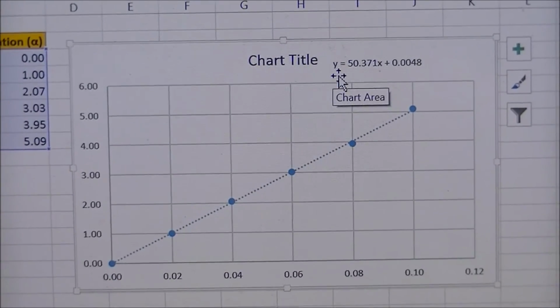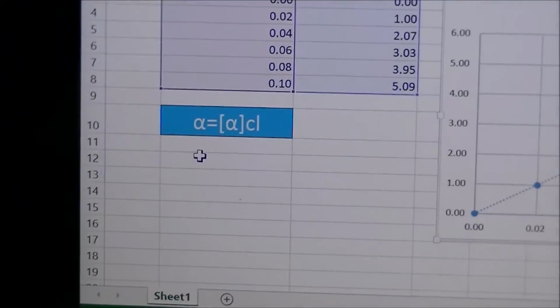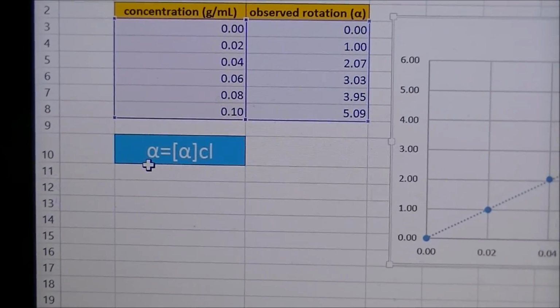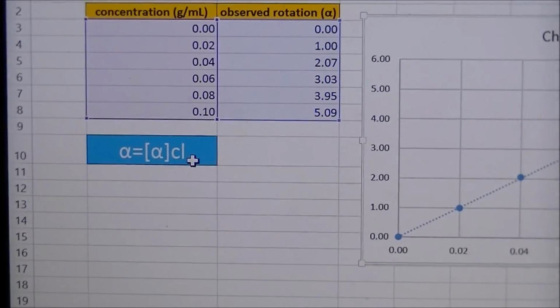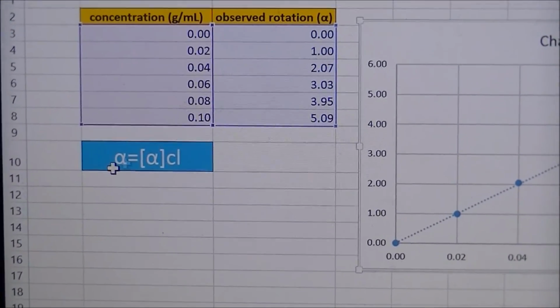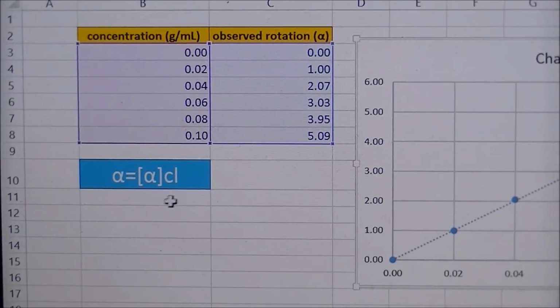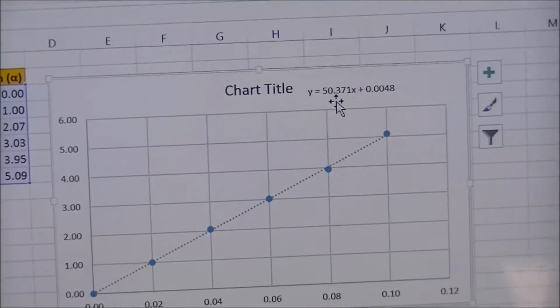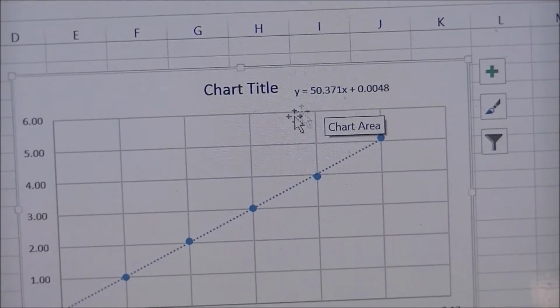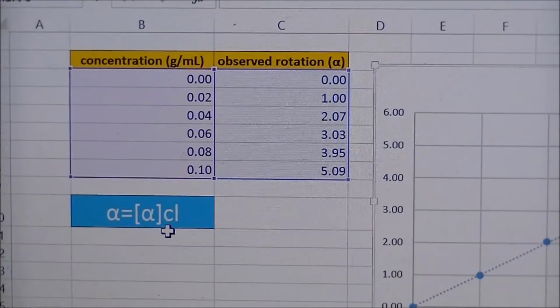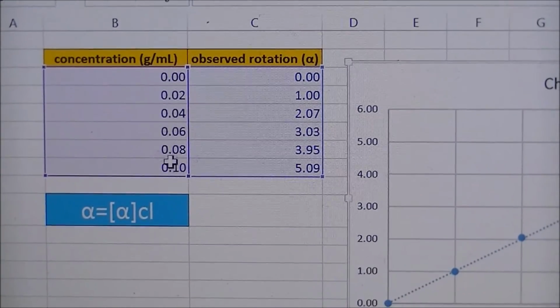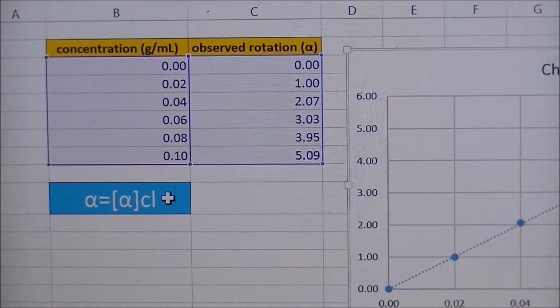But we know that y equals mx, and we can correlate that with this equation, alpha equals bracket alpha CL, where this alpha is our observed rotation. The bracket alpha is the slope corresponding to this equation. And the C is the concentration here, and the L is the path length, which is 1 decimeter.